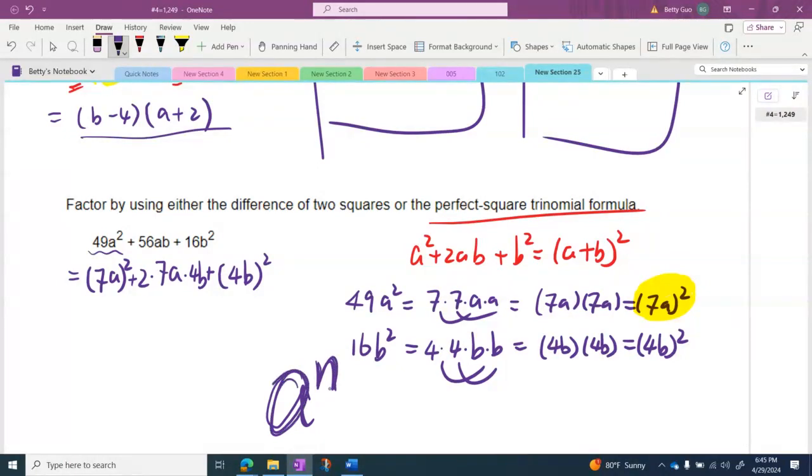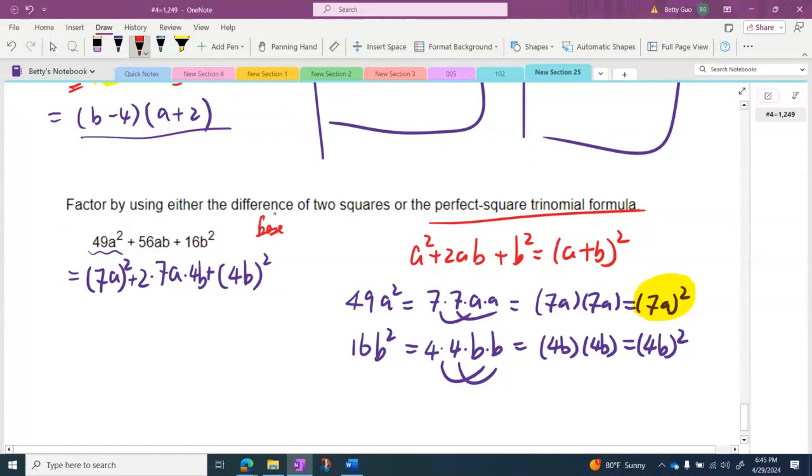This is the exponent, this is the base. 7a to the power 2 is a perfect square. When I say base, I refer to 7a. So base 1 is 7a, and base 2 is 4b.